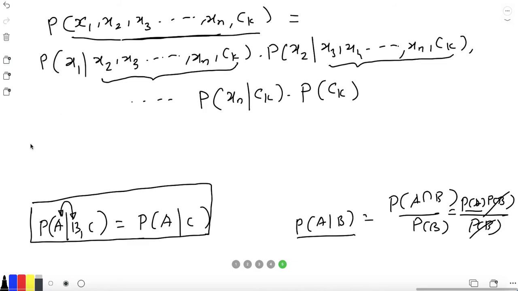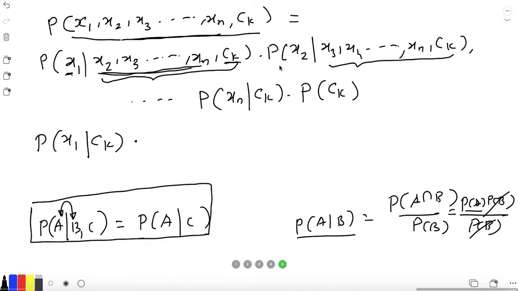Let's say this is our A, this is B, and this is C. So if I rewrite this term, it will be probability of x1, that is A, given C. C is nothing but Ck, right?